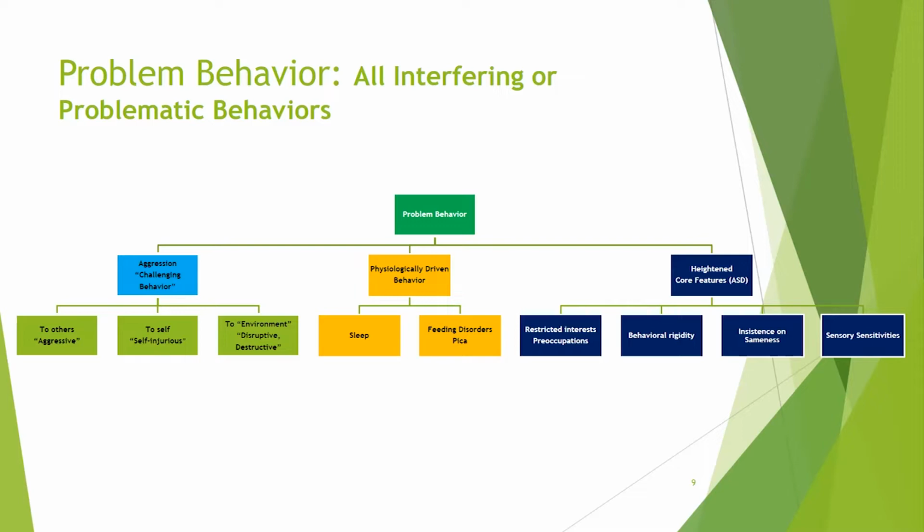So children with autism, for example, will have at different times worsening of their features of autism, the core features of autism, and these can interfere with their functioning. And these may include restricted interests and preoccupations, behavioral rigidity, insistence on sameness, and sensory sensitivities.